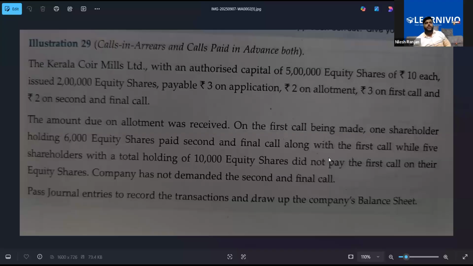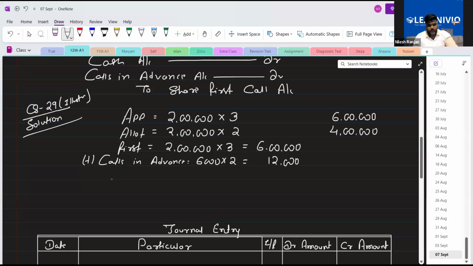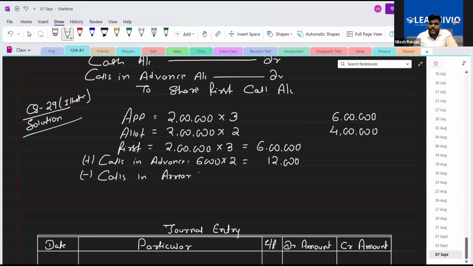There is one more piece of information: 5 shareholders with a total holding of 10,000 equity shares did not pay the first call, so minus calls in arrear. On 10,000 shares, 3 rupees means 30,000 we have not received. So total 6 lakh we have to receive. We received 12,000 extra, so 6,12,000 minus 30,000. So it will be 5 lakh 82,000.